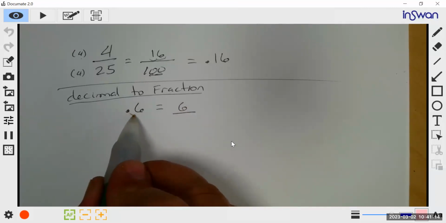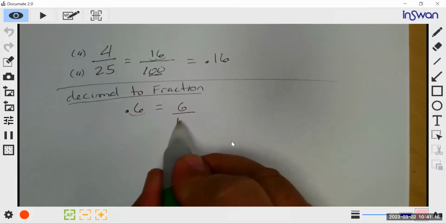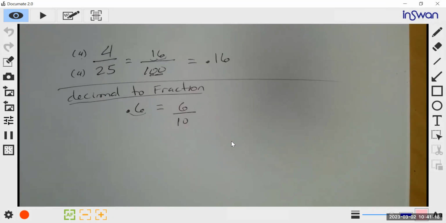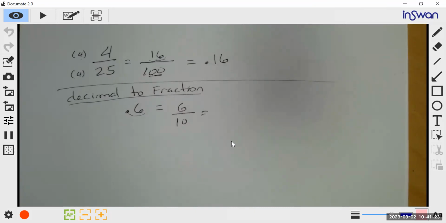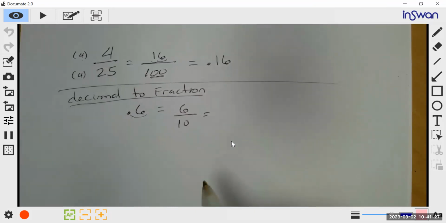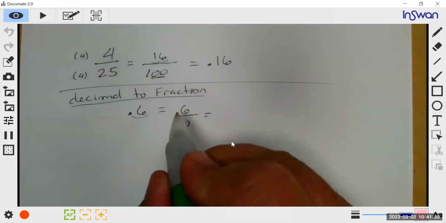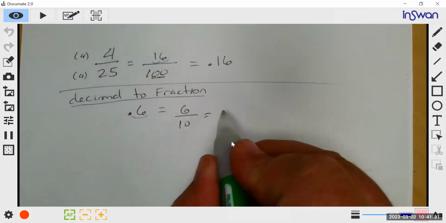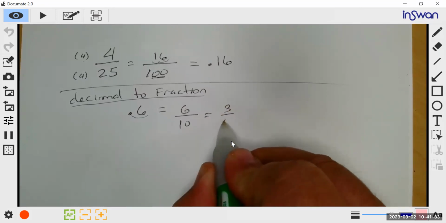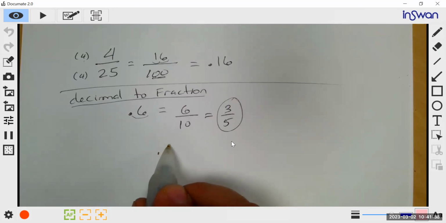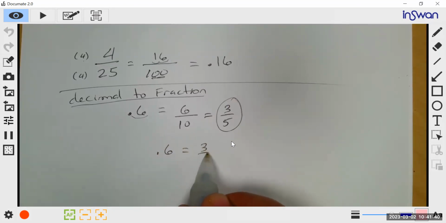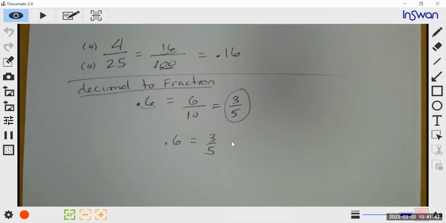How many spaces do we have to move the decimal? Yeah, exactly. Good. It's 1 space, so it's a 10. Can you simplify 6 over 10? It becomes what? Yes, you can, because they both have a 2 in common. 2 goes into 6 3 times, 2 goes into 10 5 times. So the fraction 0.6 is the same as 3 over 5.